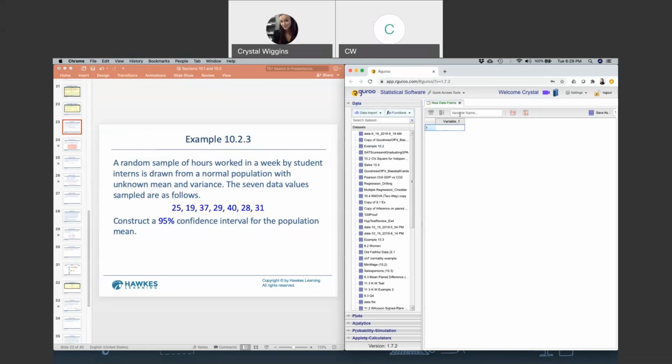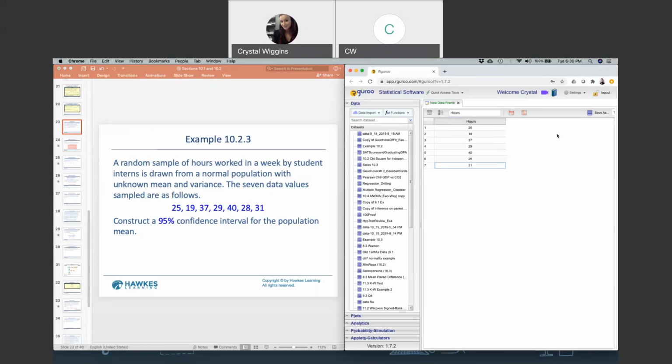My variable name is going to be hours. And you know what I'm going to put in? There are 7 of them, so let me put my rows in so I can just type them. Okay, so we have 25, 19, 37, 29, 40, 28, 31.